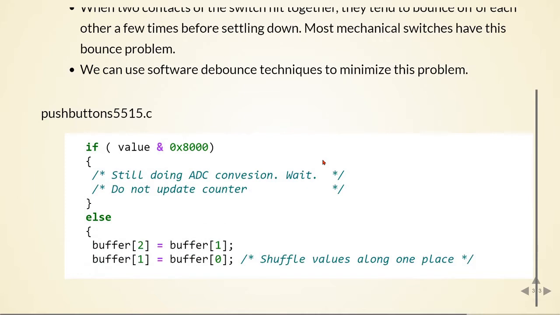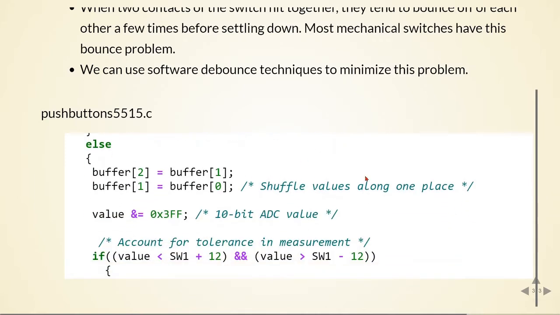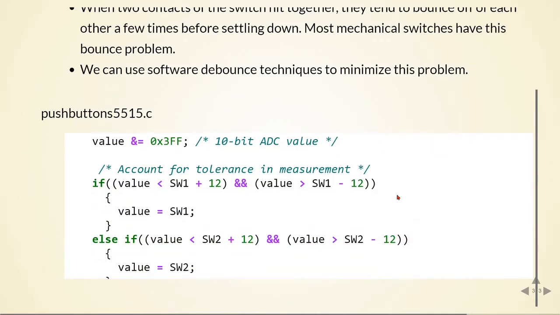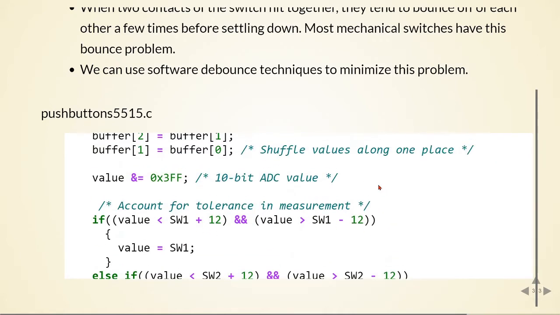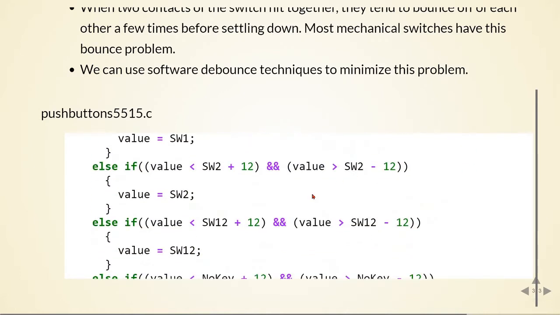Here we have these buffers. We check the value of switch 1 with some tolerance, and if the value is within this interval, it equals switch 1, so we know that switch 1 was pressed. Otherwise, when we read the value from the ADC and it's within this interval, it means switch 2 is pressed.